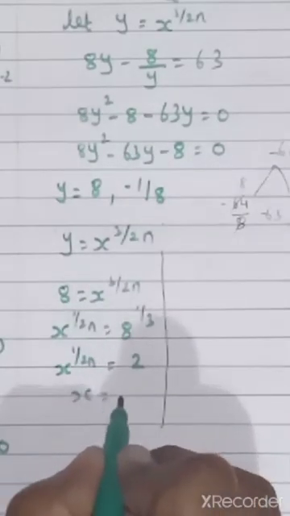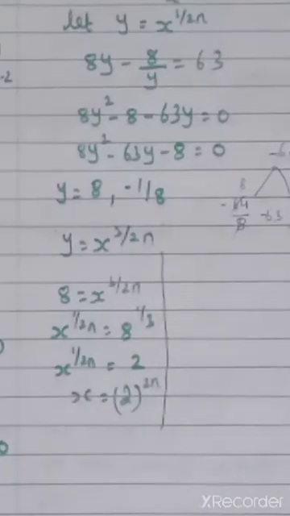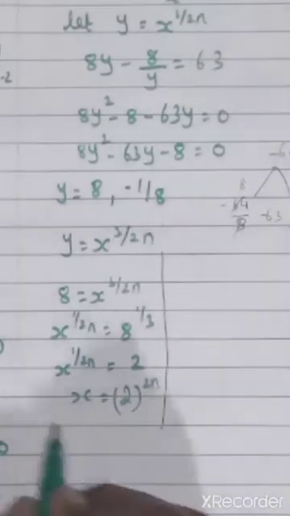Therefore x equals 2^(2n). Is that right?